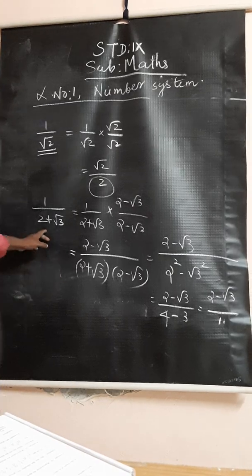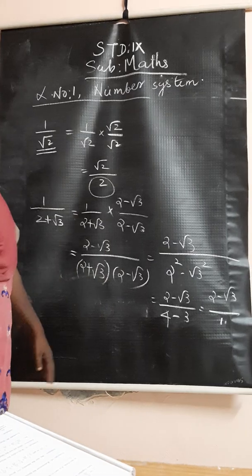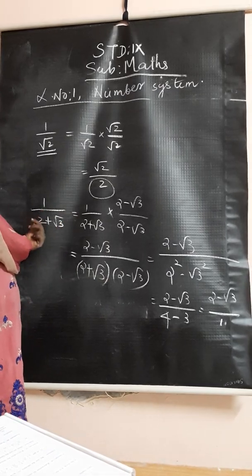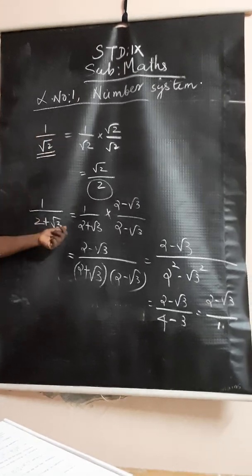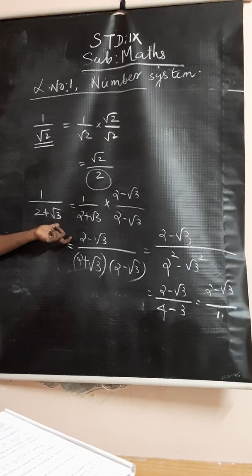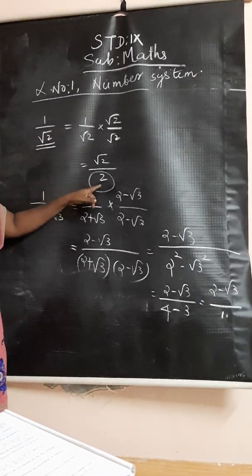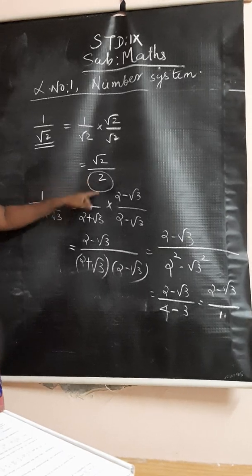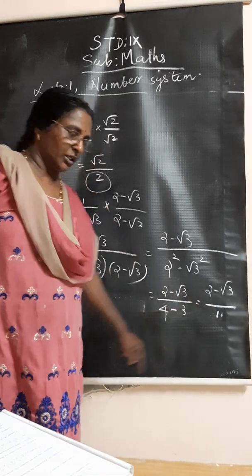This method is called rationalizing the denominator. The process of making the denominator a rational number is called rationalizing the denominator. In the first question we rationalized the denominator, and in the second question also we made the denominator a rational number.